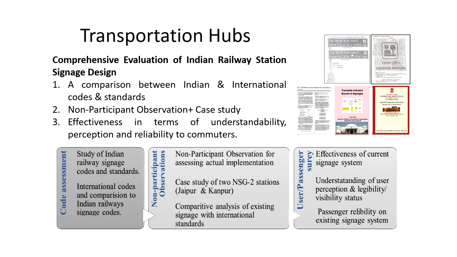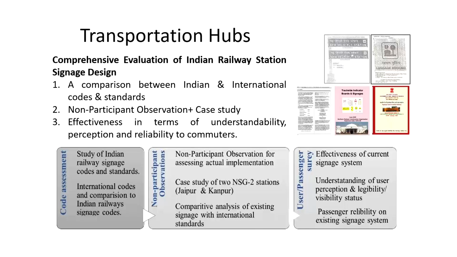This will help you see what variations of the research method are applied even in the field of signages and wayfinding. So, the area of research was a comprehensive evaluation of Indian railway stations signage design. In this research, the researchers adopted a three-step method where they first went through the existing codes related to signages and wayfinding applicable to Indian railways.